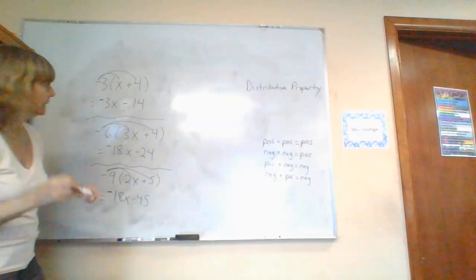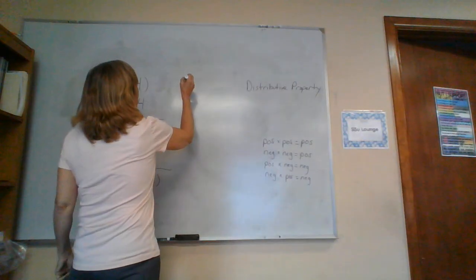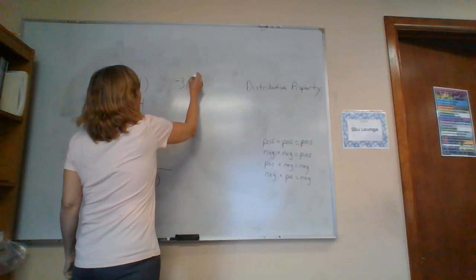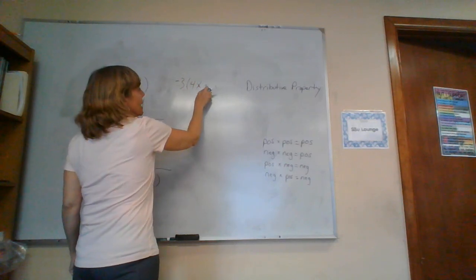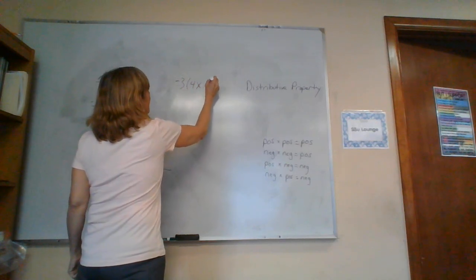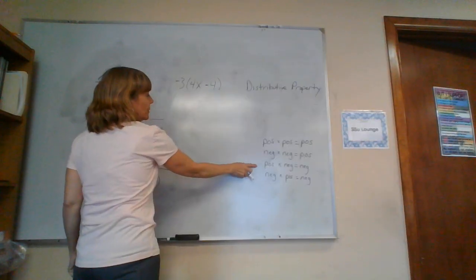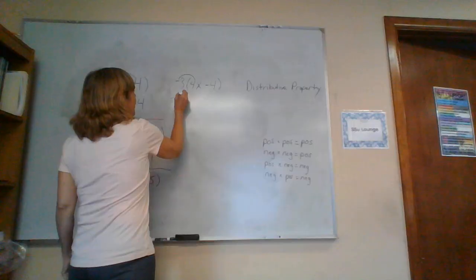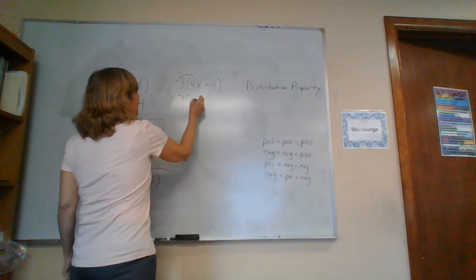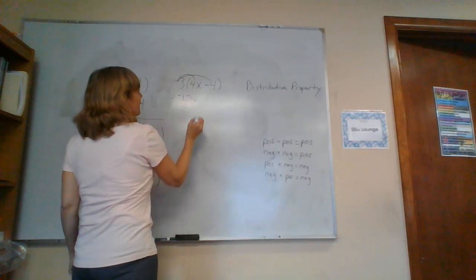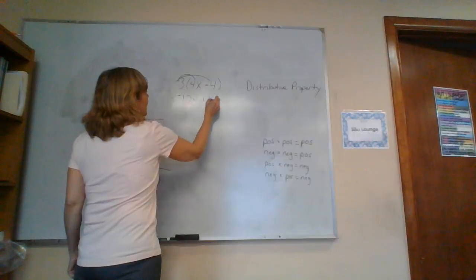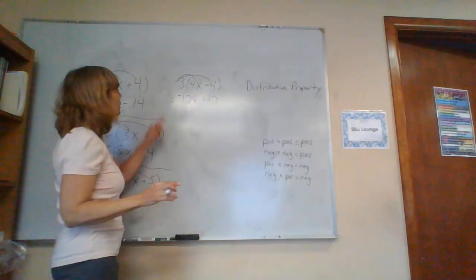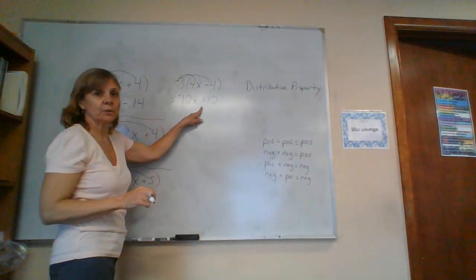Okay, the last little challenge here, what if this is negative and this is subtracting? Okay, we don't need to get all concerned if we know our rules right there. -3 times positive 4x, negative 12x. -3 times negative 4, a negative times a negative is a positive. Again, if you use your calculator, it'll tell you. But this is plus 12.